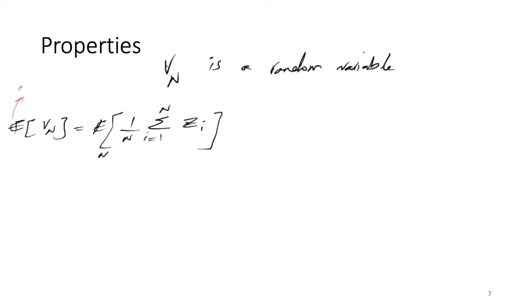You remember last session we were talking about this E for out of sample error as expected value. So E of Vn on n draws, we can represent it as E for n times 1 over n summation of i's from i equals 1 to n zi, right?